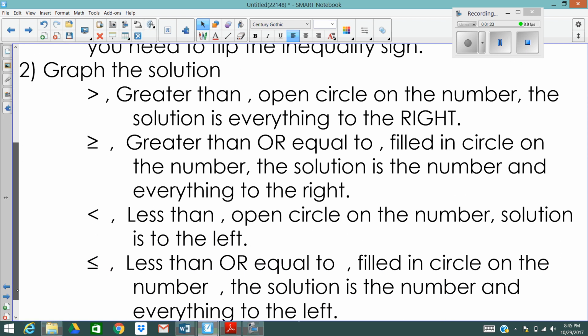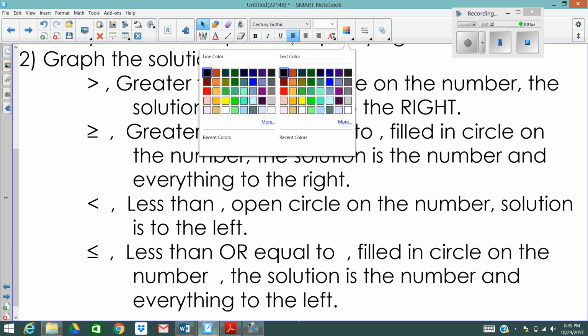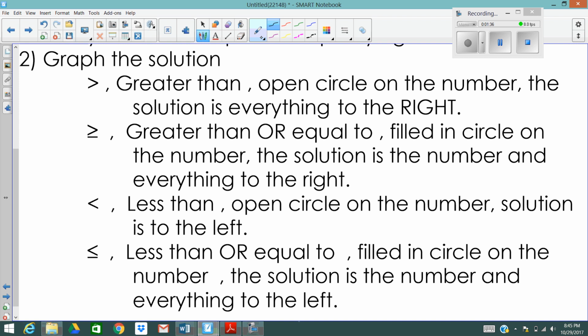So to graph the solution, it's all about the sign. If our sign is greater than, it looks like that.